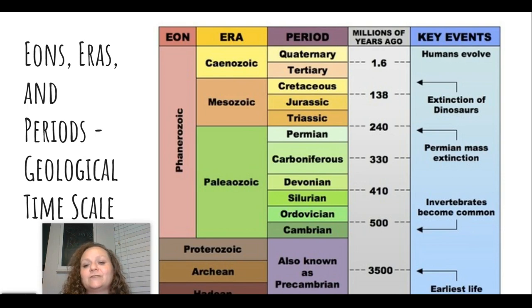Extinction of the dinosaurs is occurring in the Cretaceous. As you get towards humans, that's really fairly recent in geological time. And so keep that in mind when we talk about evolution. We're not talking about a short period of time. We are talking about generations upon generations. It's not something that can happen quickly.